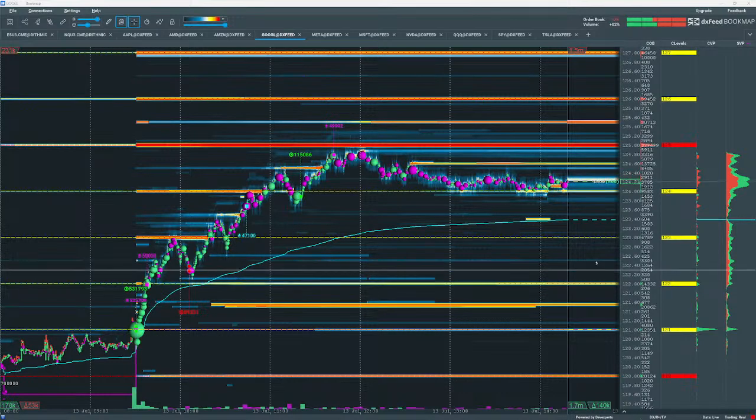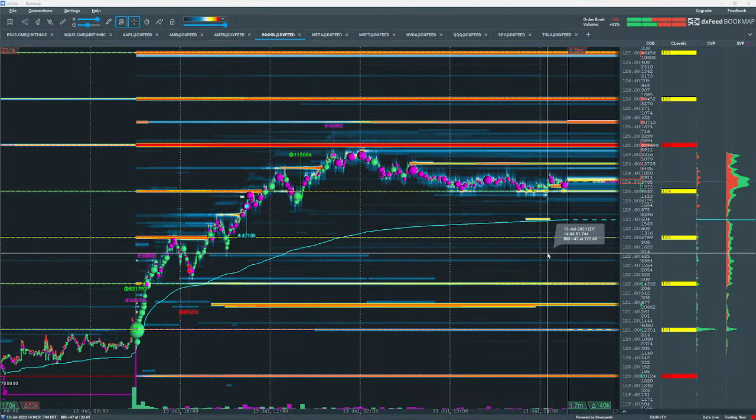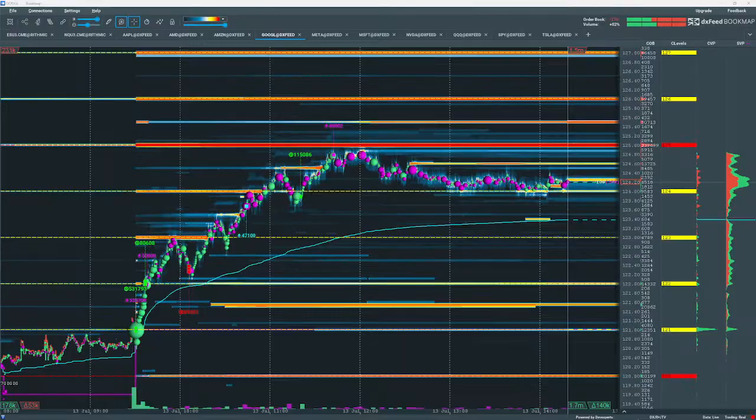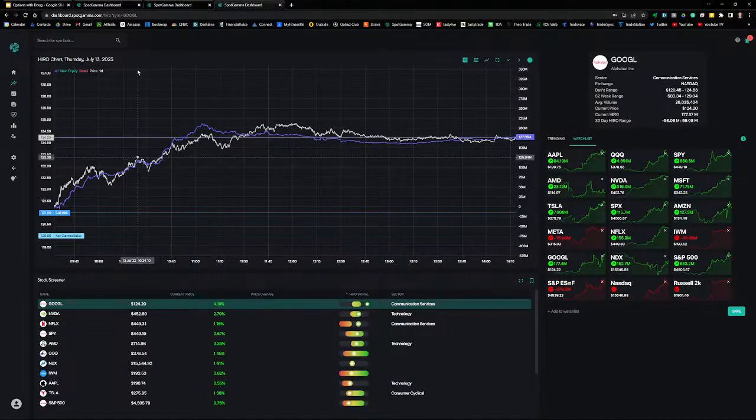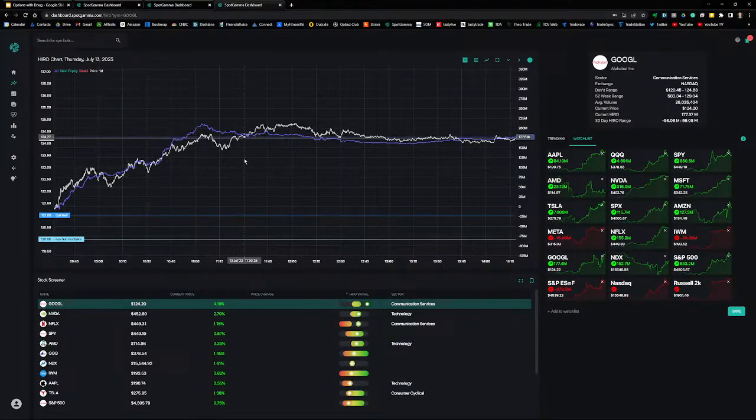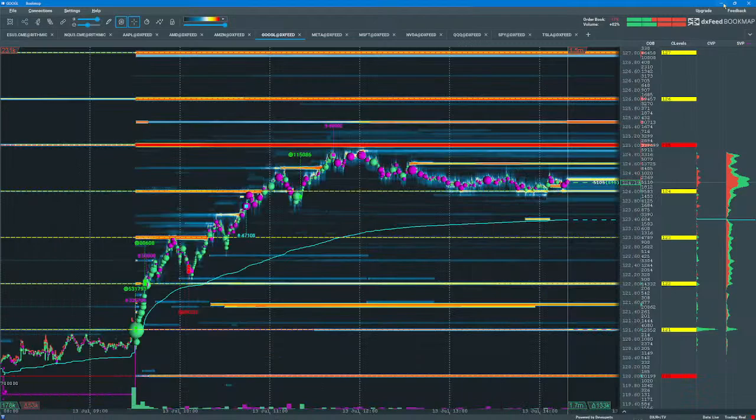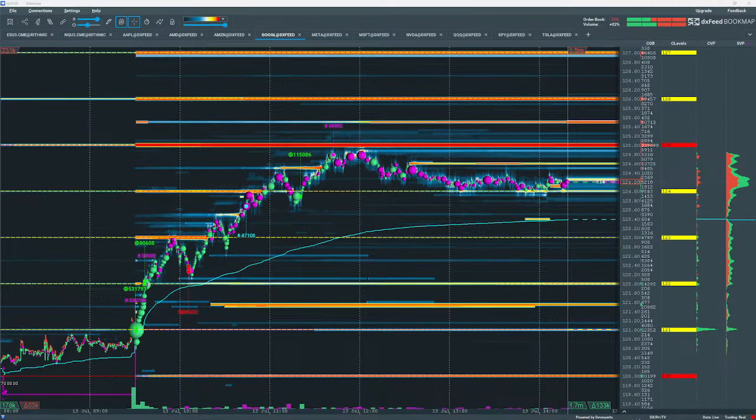All right, let me take a look at some other stocks. So there was a request for UNH. We'll take a look at that. And I don't know if it's in there. And by the way, for Google, that price target, let's just take a look at that again. The very obvious price target was the liquidity at 125.